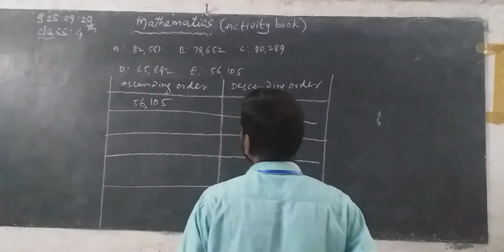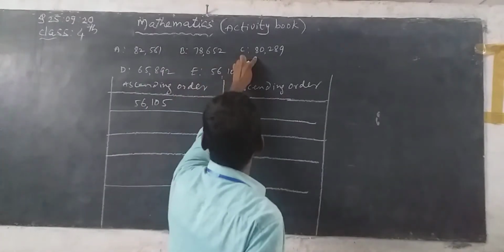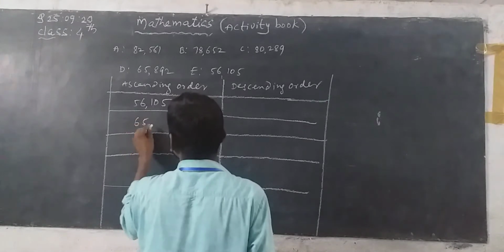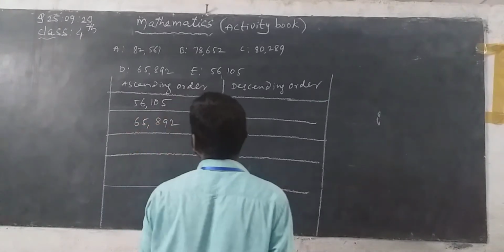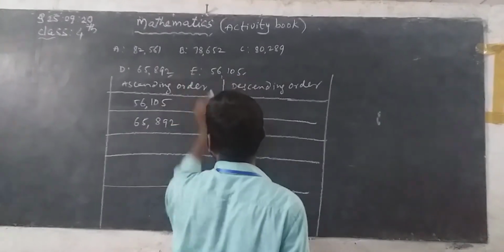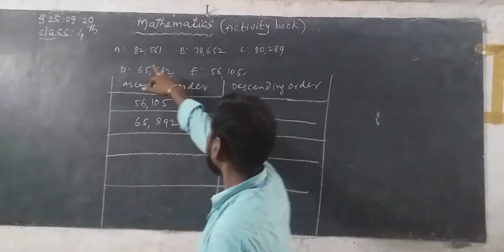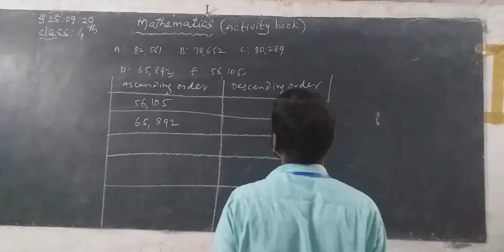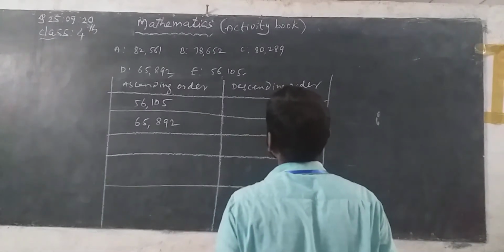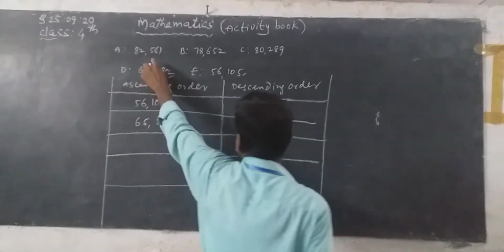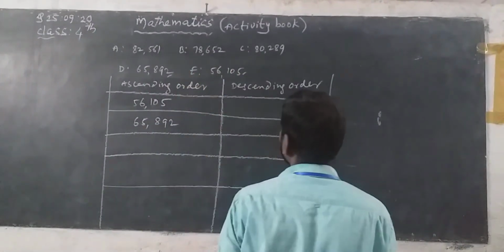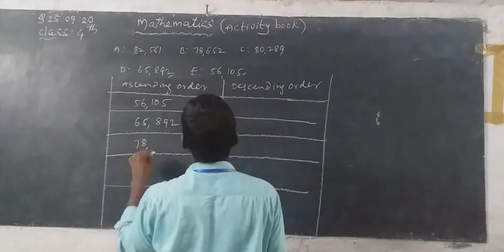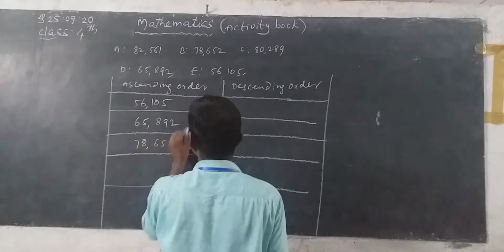Next, 65,892. Next 2 is completed. Remaining here 82,561, 78,652, 80,289. Given here A, B, C, the smallest number is 78,652. This is also completed.